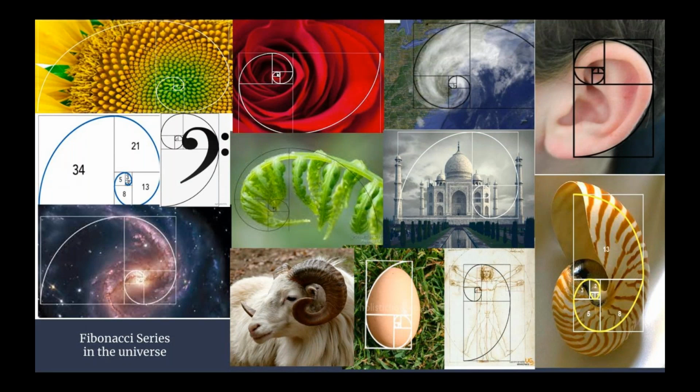Even we express this series in the shape of our ear, and even when we're tiny little embryos. So the takeaway is: remember you're beautiful. Why? Because you express the Fibonacci series. This series is very important.